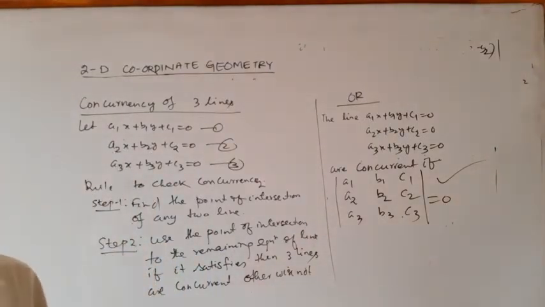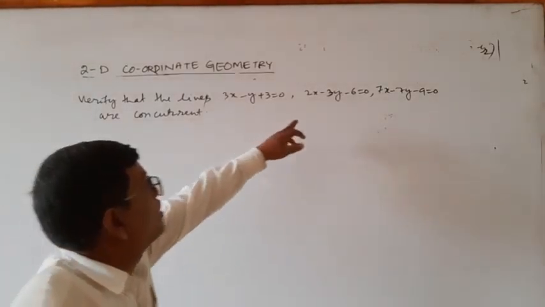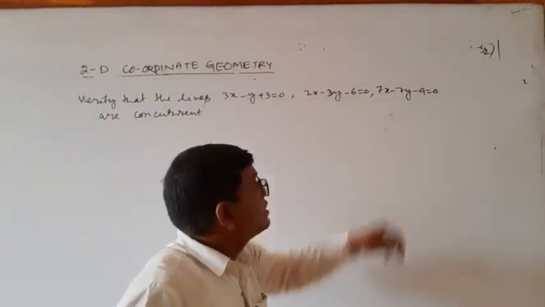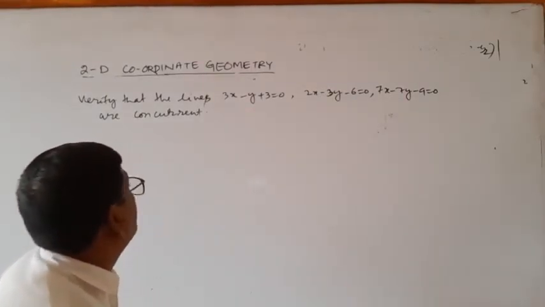Okay, one question. Prove that the lines 3x minus y plus 3 equal to 0, 2x minus 3y minus 6 equal to 0, 7x minus 7y minus 9 equal to 0 are concurrent. Verify that.